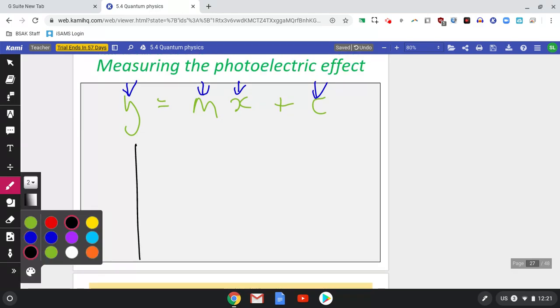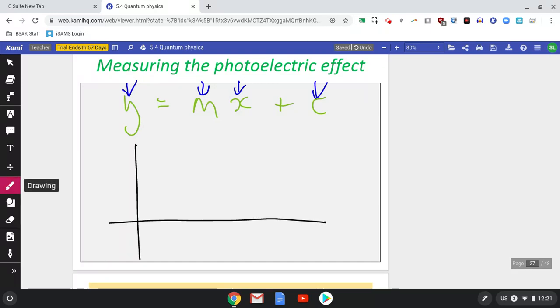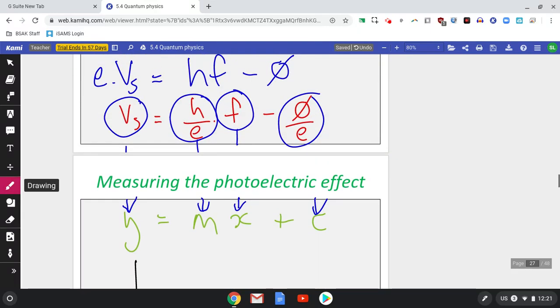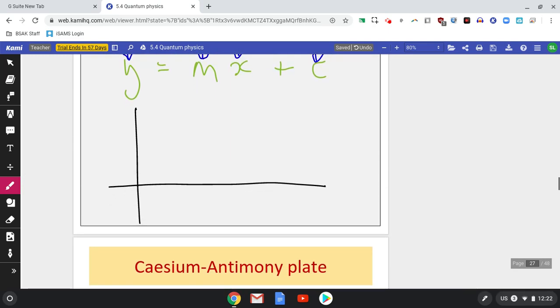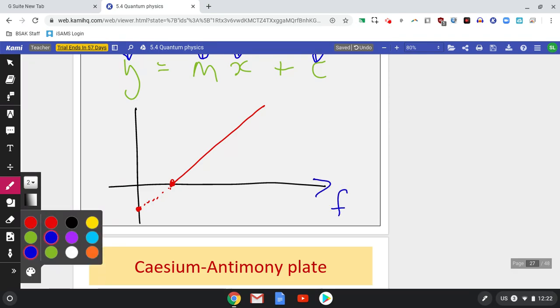And because we've got minus psi over e, we actually get a theoretical negative y-intercept. And then we get that straight line there. So that's a value of frequency, because if you remember, that's our independent variable, frequency.